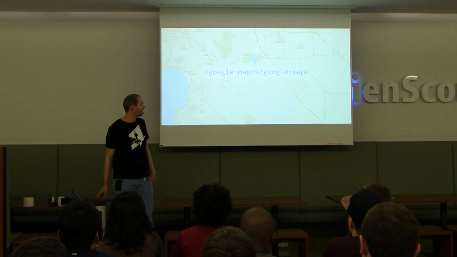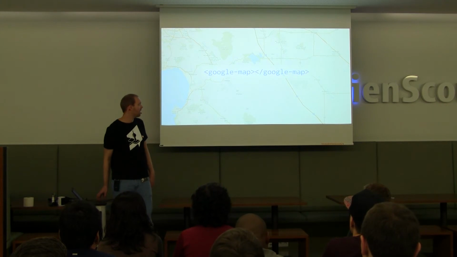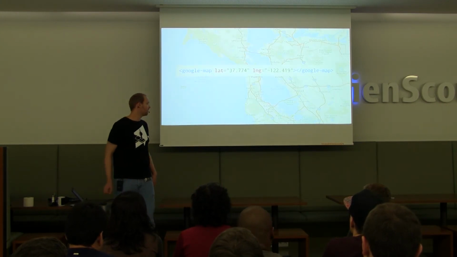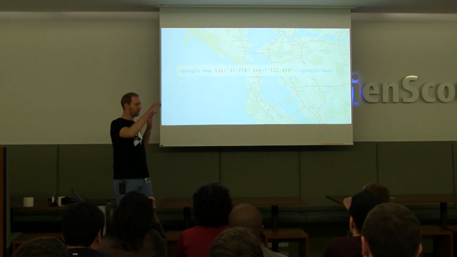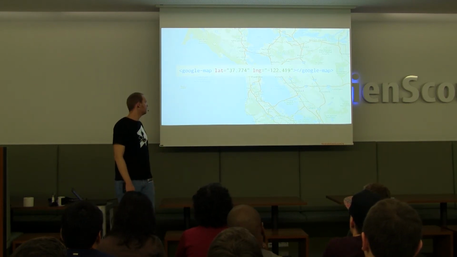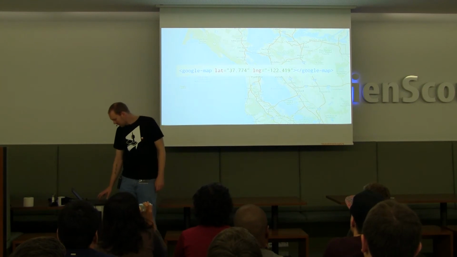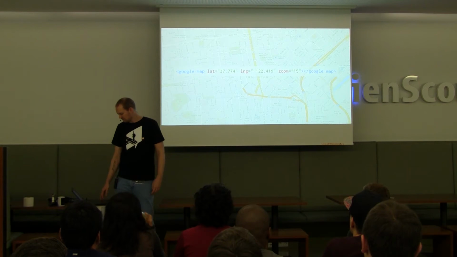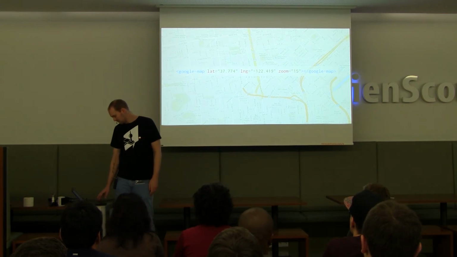But if we want to add a marker on that, well, first of all, we can define the range, the ratio of the map to show. And if we want to add something like a zoom, it's also an attribute which we can address.